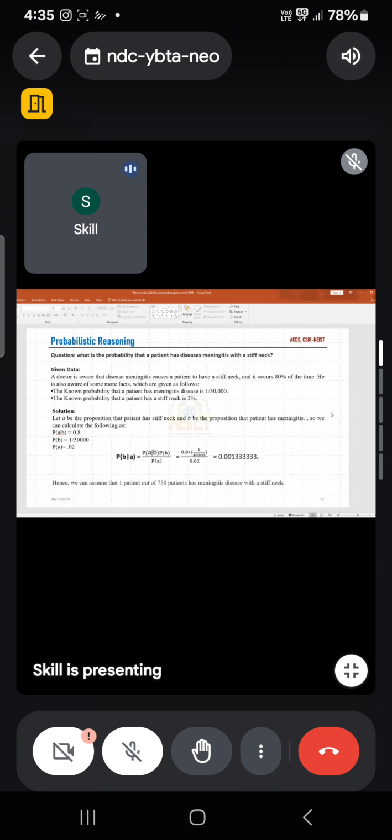The patient having meningitis is 1 by 30,000, and having a stiff neck is 2%, 0.02. Then we are calculating out of how many patients one patient will have meningitis disease with a stiff neck. So that count we have to calculate.